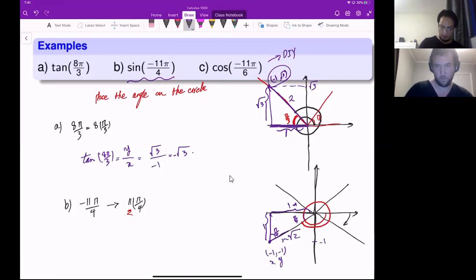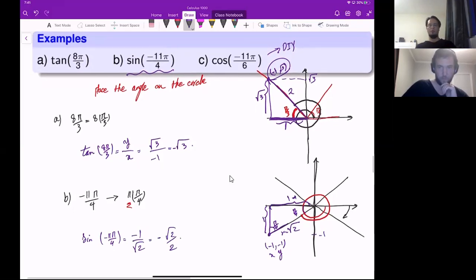And we are looking for sine of -11 pi over 4. And that is -1 over root 2, which is the same thing as -root 2 over 2.